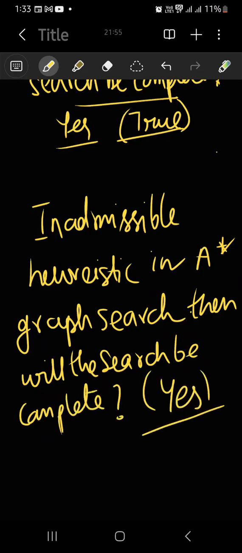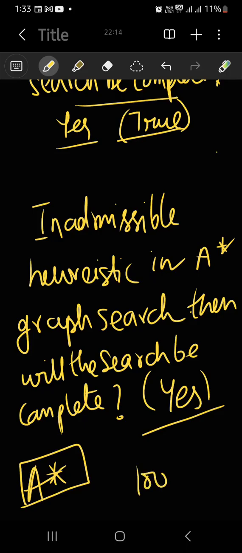Why? Because A star algorithm will definitely visit all the nodes. Okay, you have to keep that in mind. A star will visit all the nodes one by one, and it will find a route to the goal state if the goal state exists. So let's say a graph has 100 nodes, if we perform A star search on this graph, then it will eventually visit all the 100 nodes.